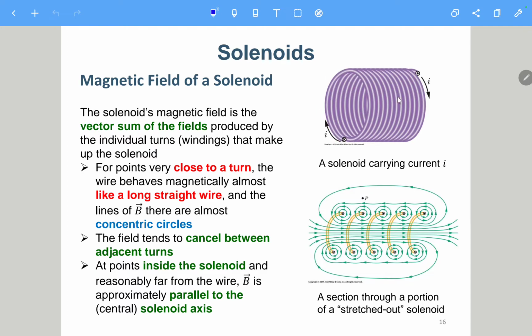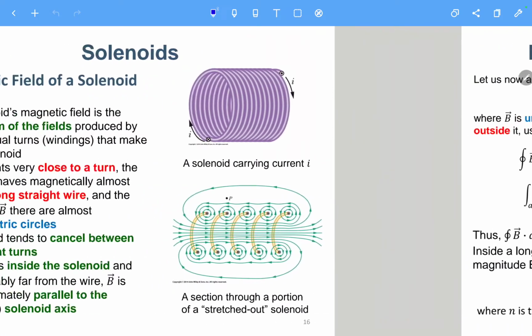It's like this, and the current here is going into the page, loop after another loop, and then finally it goes out from here. And this is a more zoomed-in view, with the adjacent loops made far away from each other, so that you can see what is going on inside.